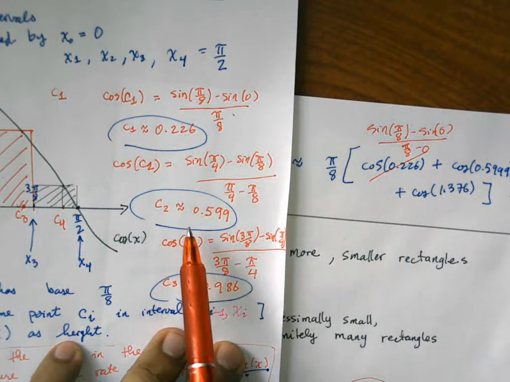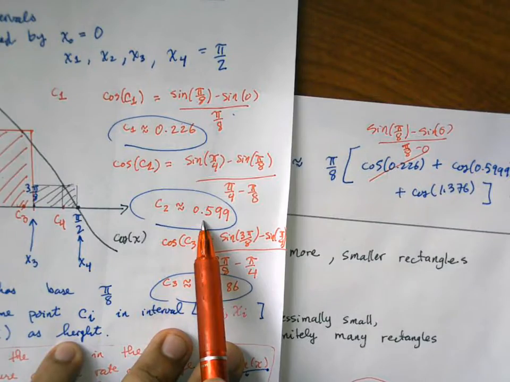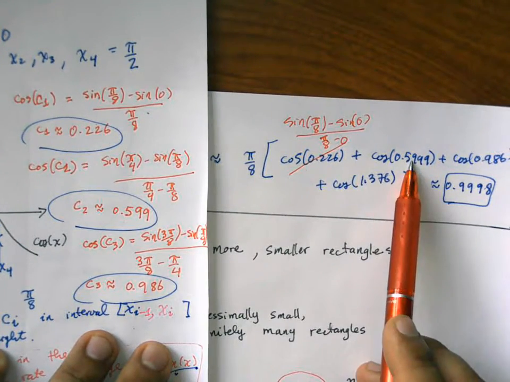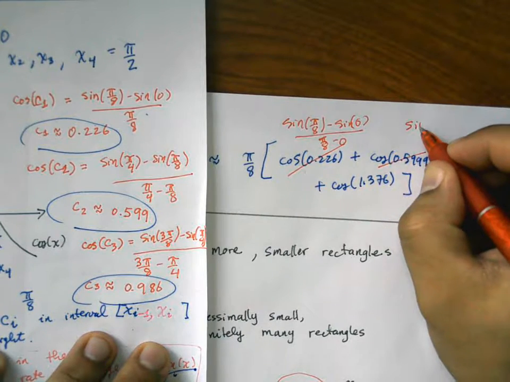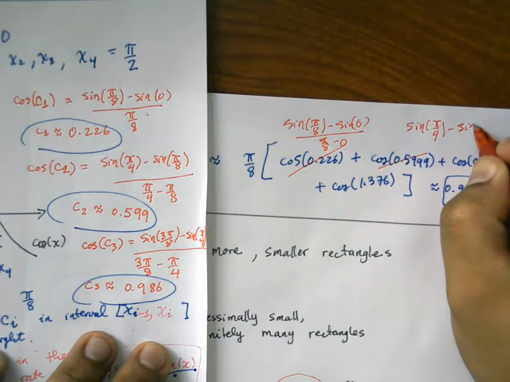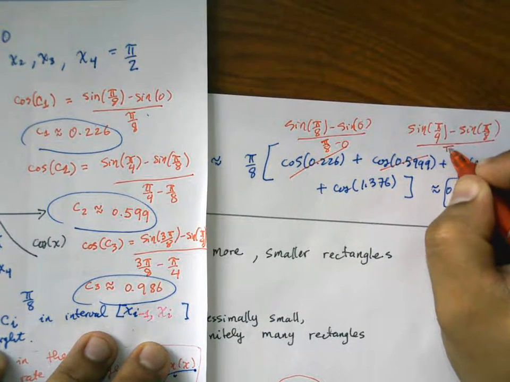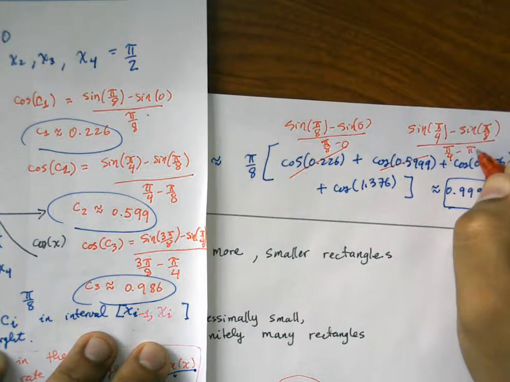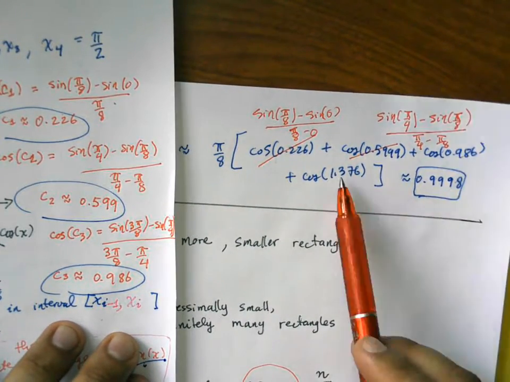Same thing with c2. Rather than doing this process to figure out 0.599 and then plugging it back into the cosine function, we could have just as easily done sine of pi over 4 minus sine of pi over 8, all divided by pi over 4 minus pi over 8. Okay? And we could have done the same thing with this number and this number.